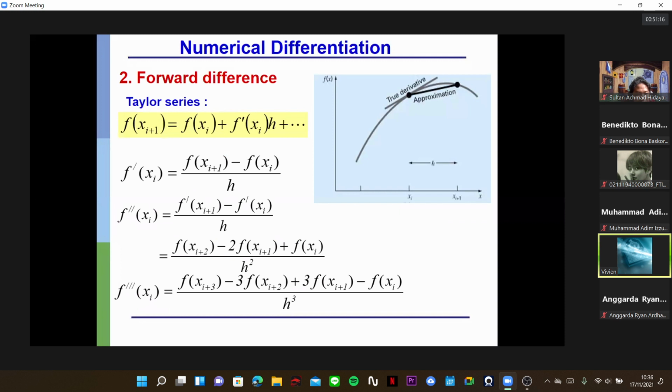Aside from that, we have another method now, which is the forward approach. Similar to before, we can find the first, the second, or the third derivative at x_i. The point is finding the derivative at x_i, but by connecting it to the point forward, the point in front of it.